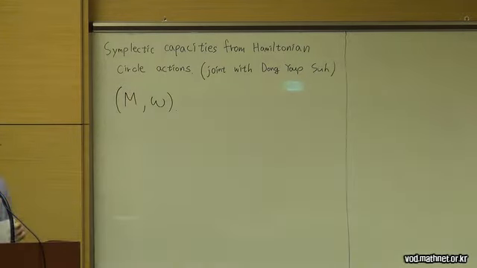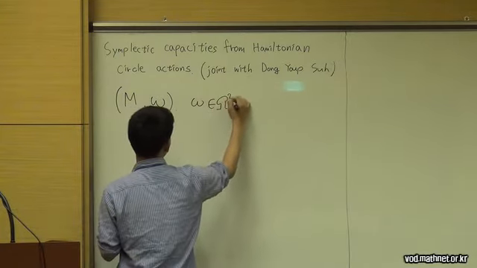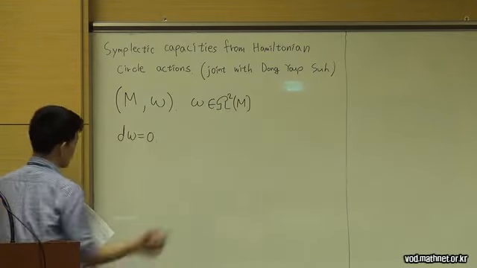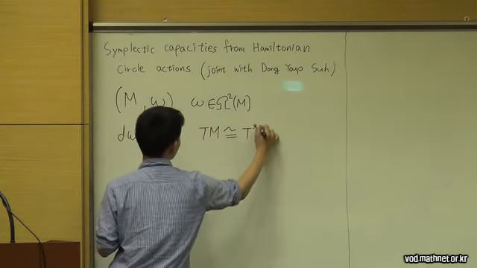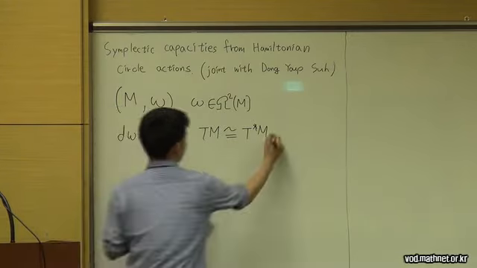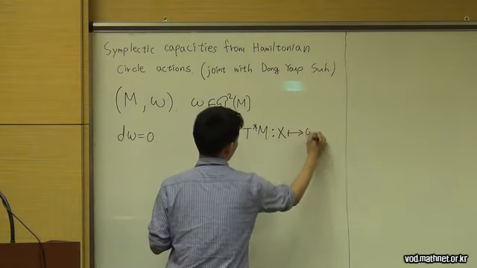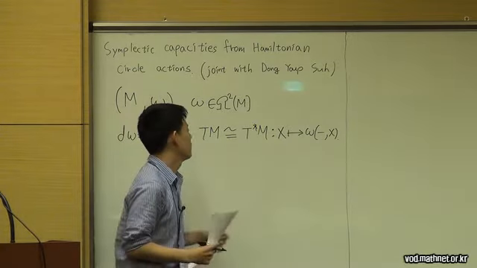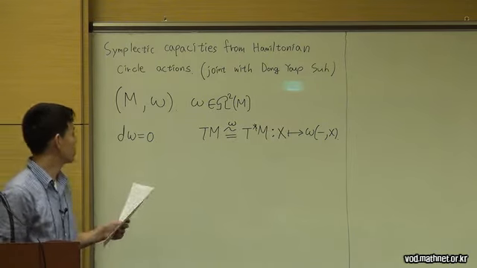Let me start with the definition of a symplectic manifold. It is a manifold with a two form which is closed and non-degenerate. Non-degeneracy means that a vector in the tangent bundle gives, using this map, an isomorphism between tangent and cotangent bundles.